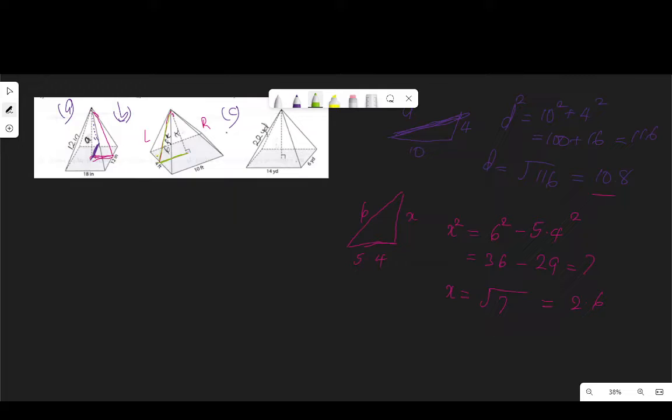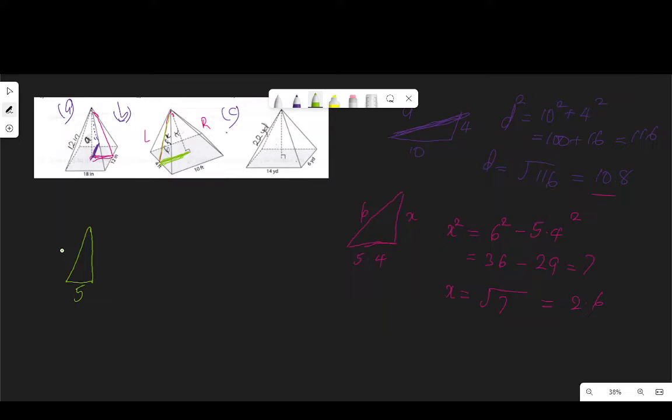Let me draw it here. I have something like this, and then like this. This one here is half of this base, which is half of 10, which is 5. So here is 5. Here is what we are looking for.